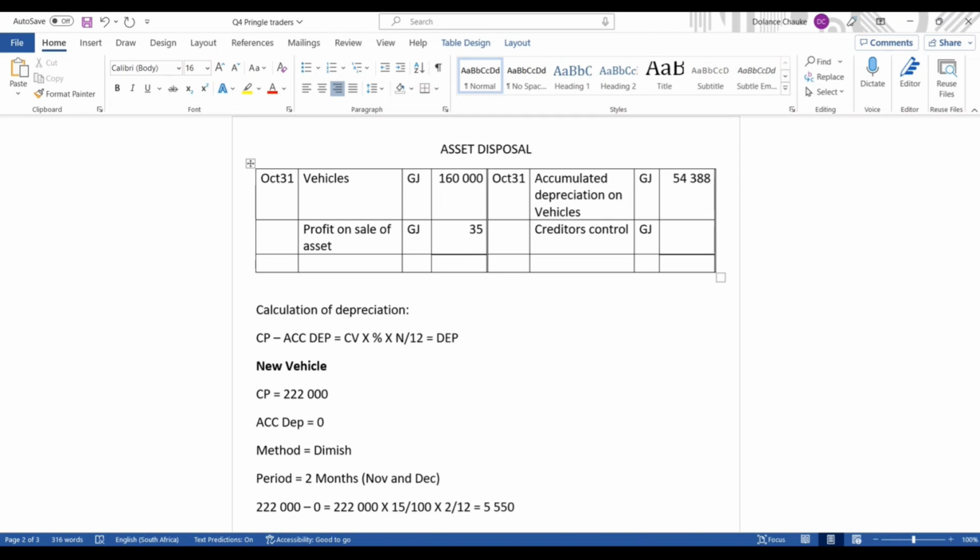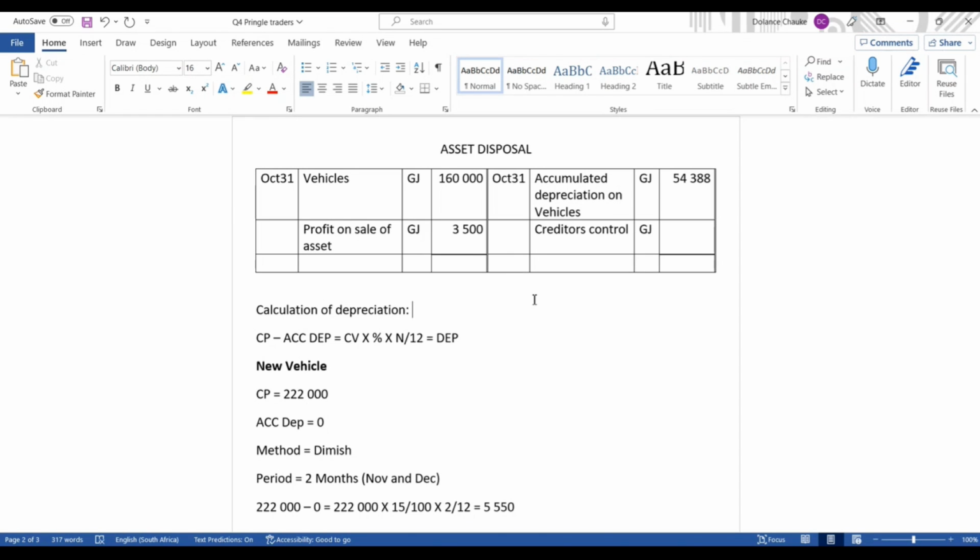They gave us the profit there of 3,500. Can you see that on the question? They are saying they have traded in a 160,000 rand vehicle with an accumulated depreciation on the 1st of January 2004 of 39,300.